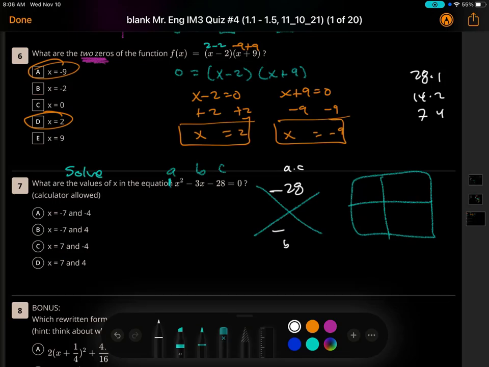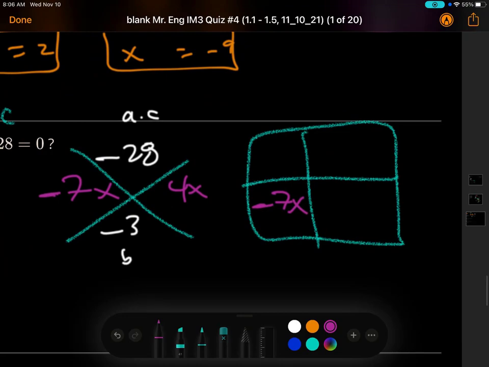I need a b value, two numbers that add to be -3. So 7 and 4. -7 times 4 is -28, and -7 plus 4 is -3. We are splitting this term, so we have to have an x here, because -7x plus 4x equals -3x. Those two will always go here into the bottom left.